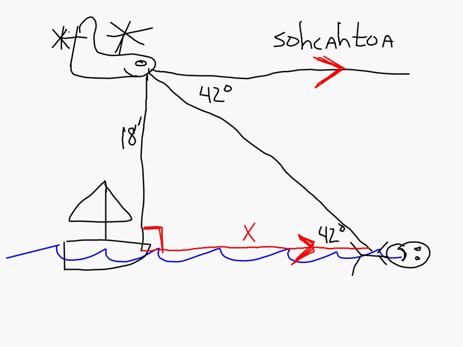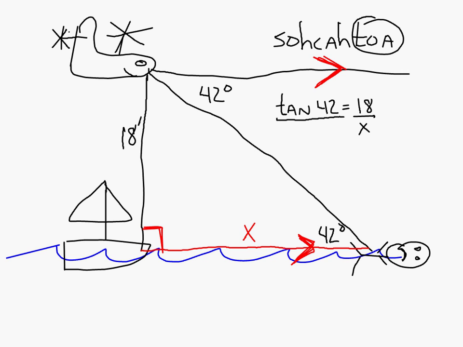All right, and in relation to this angle, we've got an opposite of 18, and we got an adjacent that we're trying to find. So that's a tangent problem again. So we can do tan 42 equals opposite over adjacent.